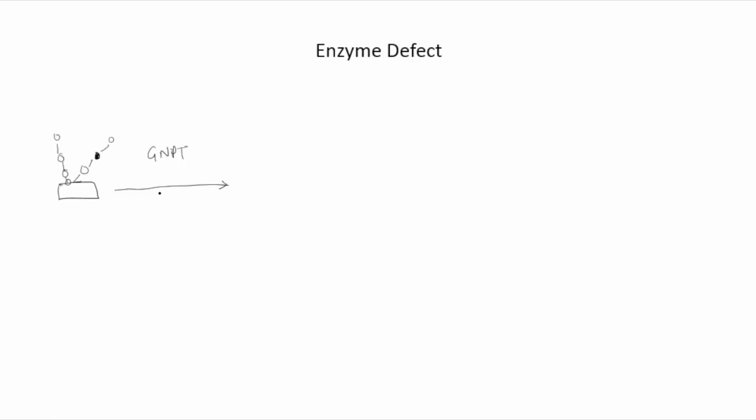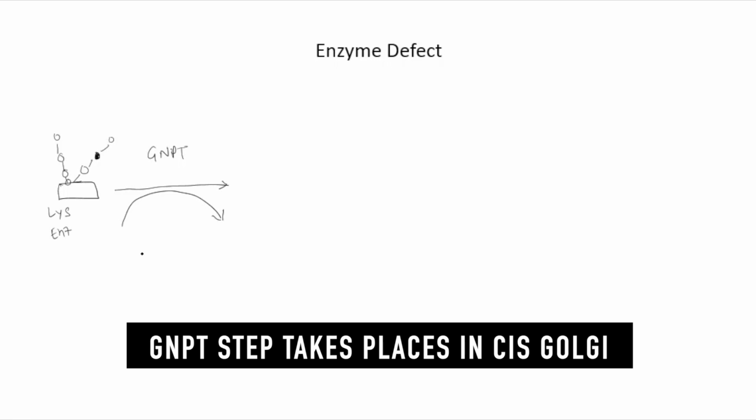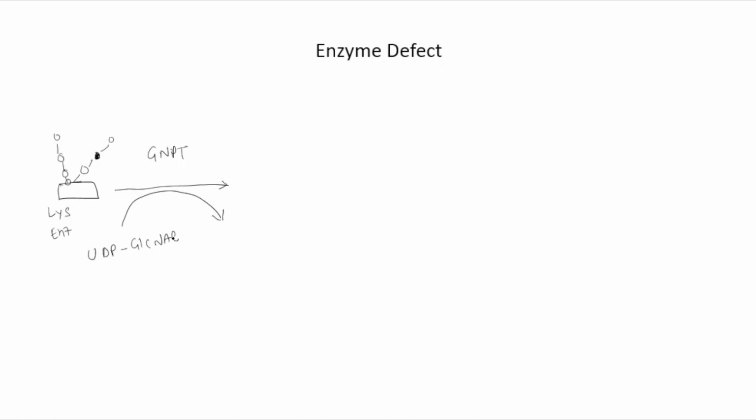What is its function? It is transferring N-acetylglucosamine 1-phosphate from UDP-N-acetylglucosamine to specific mannose residues of the lysosomal enzyme. So what is the product that will be formed here? This will be the product.